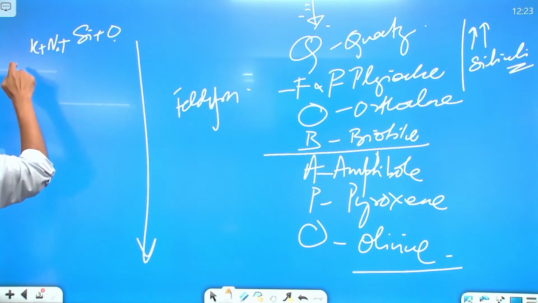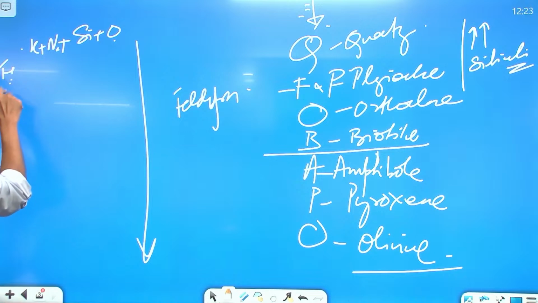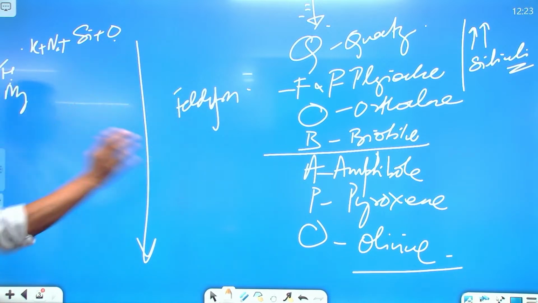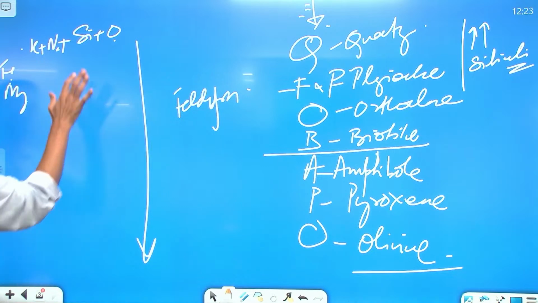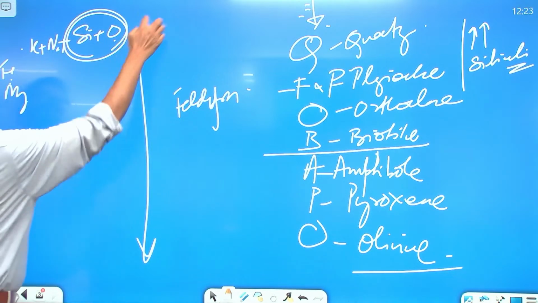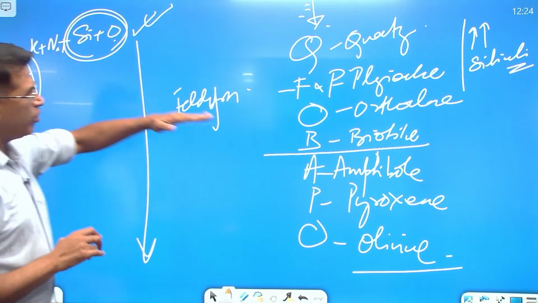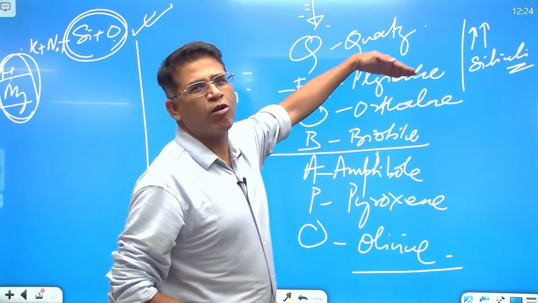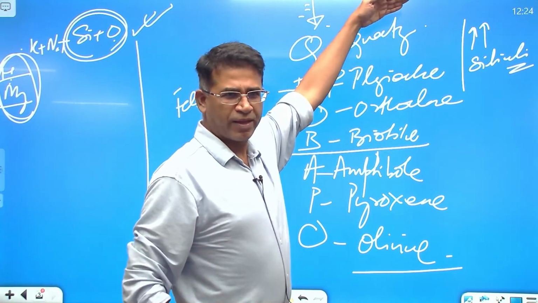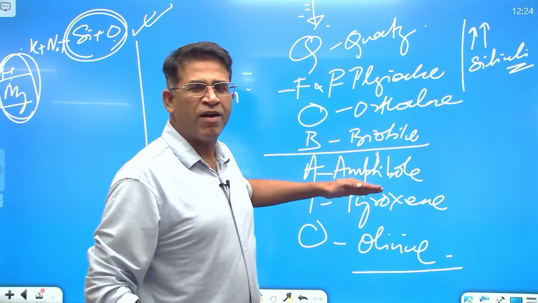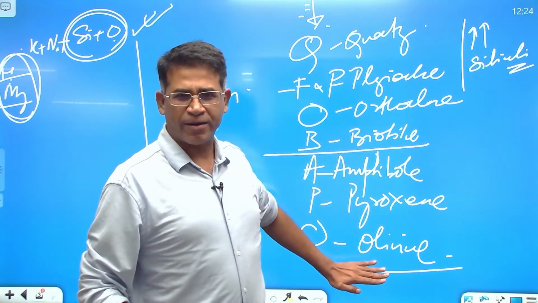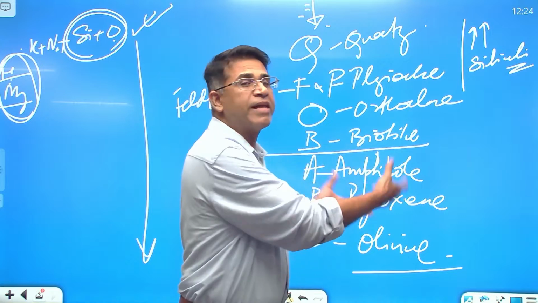It might also have iron and magnesium. These are the 4-5 things the minerals will have. In some minerals, this one is more. In some minerals, iron and magnesium is more. So these minerals have more of the silicate component, and these minerals have more of the iron and magnesium component. That's the reason why these become dense.